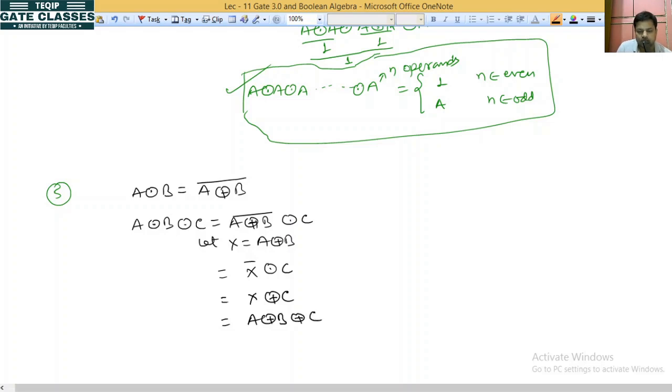So it is equal to A XNOR B XNOR C. Okay? So if we talk about A XNOR B XNOR C, then it is equal to A XOR B XOR C. Okay, see here.